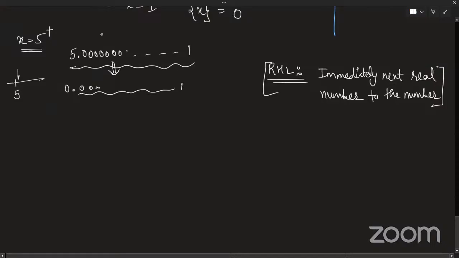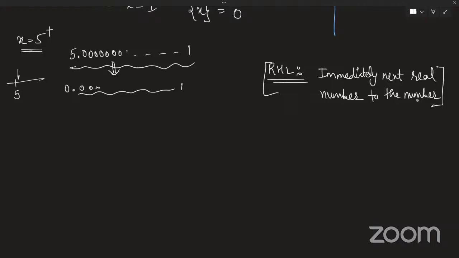For example, I am taking the right hand limit of 5. So what is the immediately next real number after 5? Can anyone tell me? Shriram, what is it?